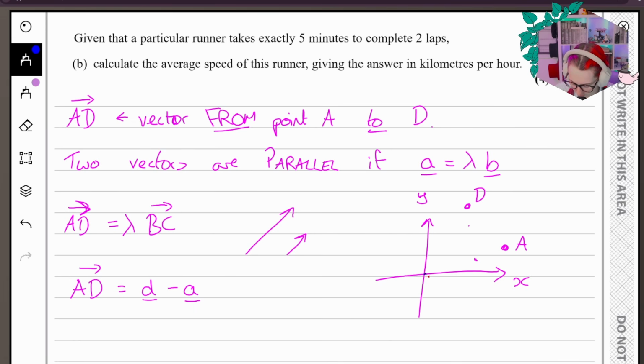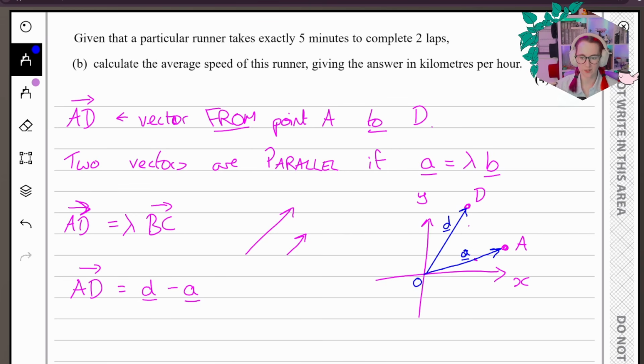So the vector from the origin to A is our lowercase a. So that's our vector there. And then our vector from the origin to D is d. Okay, so those are the position vectors, right? So you go from the origin to the points.